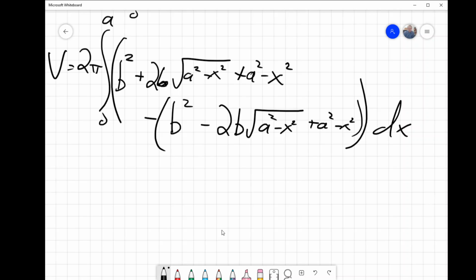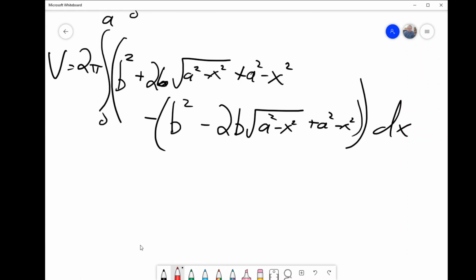Now taking a look, we are subtracting the latter from the former. These b squareds are going to cancel. These a squared minus x terms are going to cancel. So subtracting minus 2b means that we're adding 2b. We already have 2.